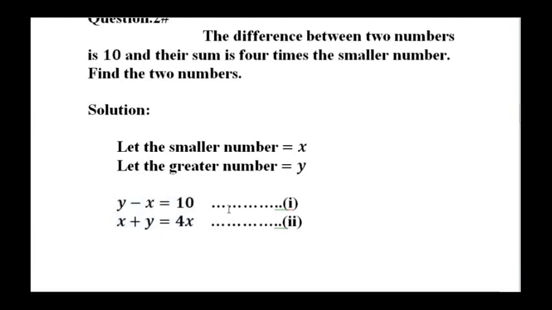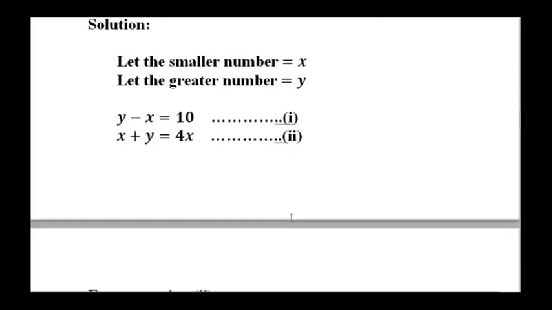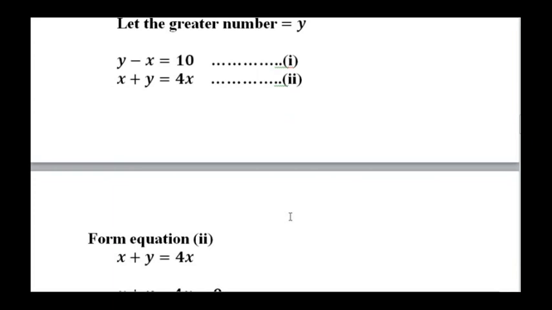Now, I will name these two equations as equation 1 and equation 2. To solve this system of linear equations, first I will solve equation 2 by shifting the positive 4x from the right side to the left side.